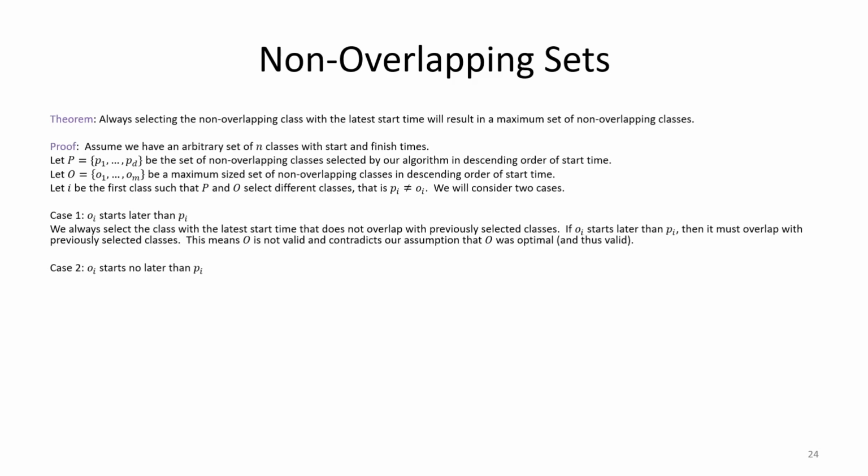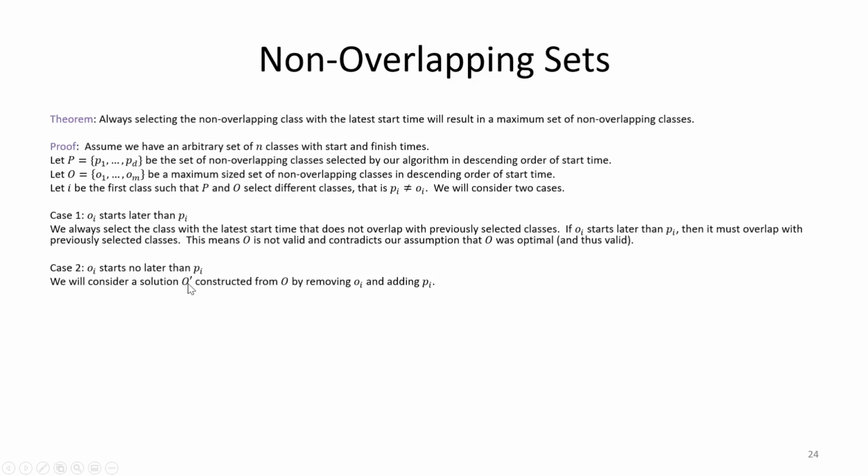We want to pick the one that agrees with us. So we're going to do surgery on O, making sure that it remains valid and remains optimal, but after we're done, it will come out as O prime, and O prime hopefully will still be optimal and valid, but now will agree with us. It will now select PI instead of OI. So let's see how we're going to do that.